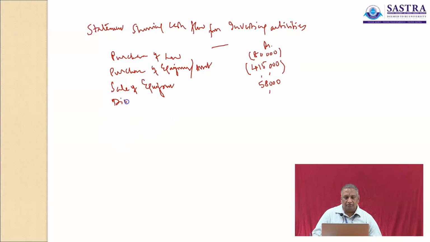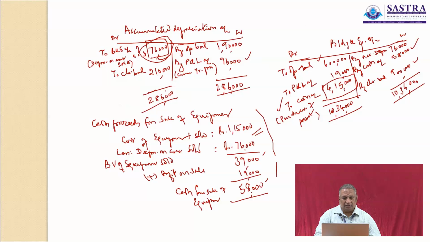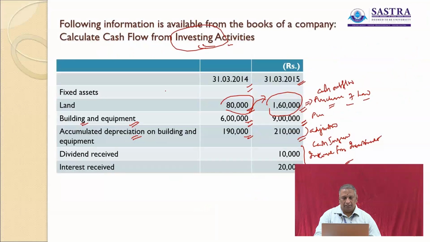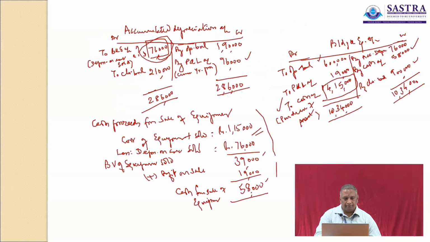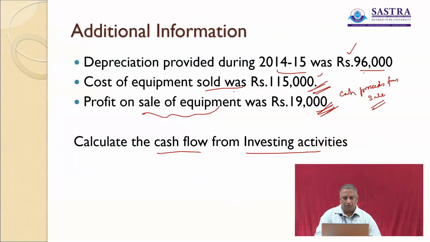Then dividend received, 10,000, inflow. Interest received, 20,000.